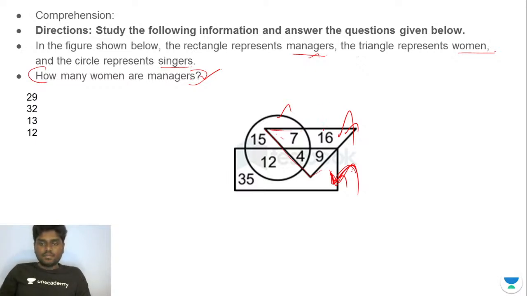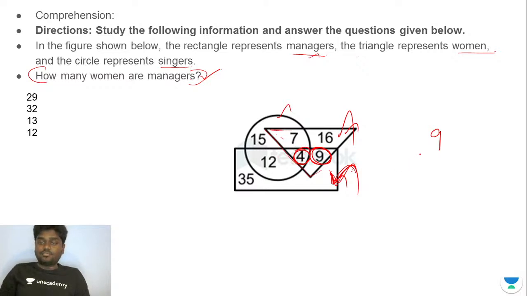So it is very simple. What we can do exactly here, they are simply asking you how many women are managers. They didn't ask you how many women are only managers. Okay. So what you need to simply do here, there are 9 women connected with the managers, so I can take 9. Along with that, you have 4 women who are managers as well as singers.